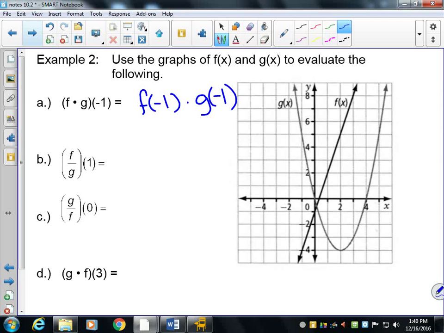X value at negative 1 is here. Right? All the way up. So f of negative 1 is negative 4, times g of negative 1, which is 5. Negative 4 times 5 is, and that's my answer, right?